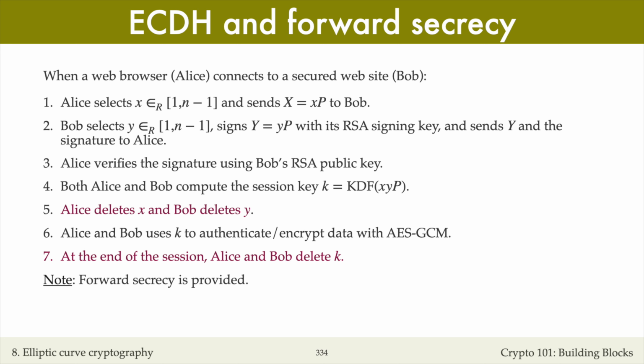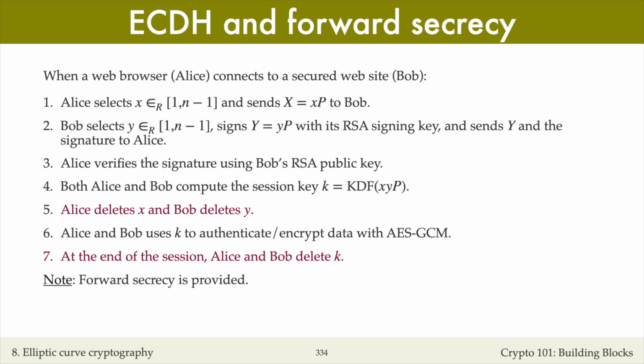Thus, even though law enforcement might present either Alice or Bob with the suitable court order for providing x, y, or the session key k, Alice and Bob are unable to respond to the court order because they have long deleted x, y, and k. And so law enforcement is unable to recover the session key and decrypt the data that Alice sent to Bob.